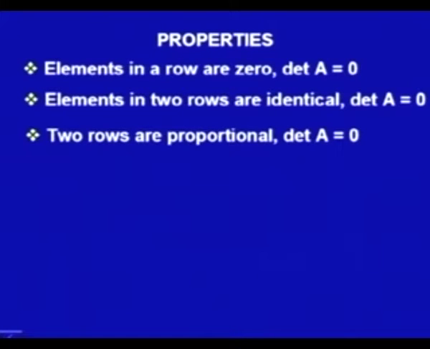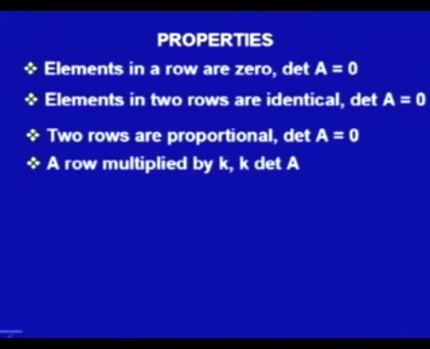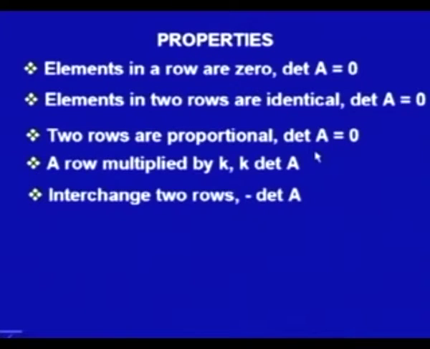If two rows are proportional, then determinant A is 0, and if a row is multiplied by k, then k times determinant A will be the value of the new determinant. If two rows are interchanged, then the determinant is multiplied by minus 1. So, determinant A becomes minus determinant A after interchanging two rows.